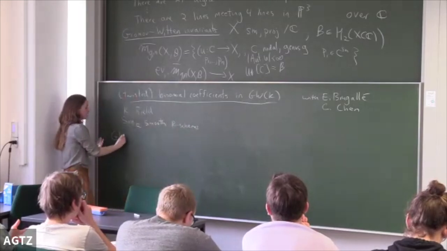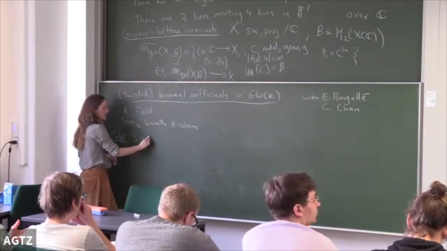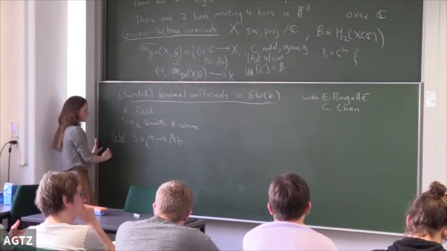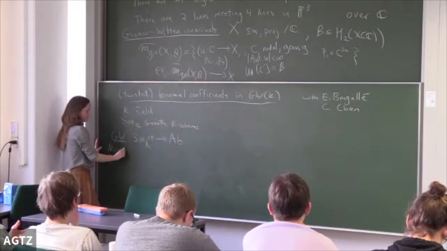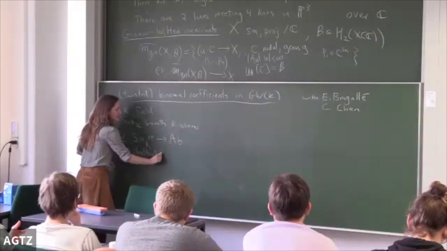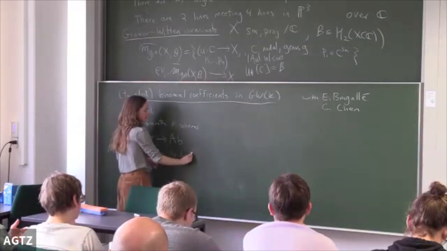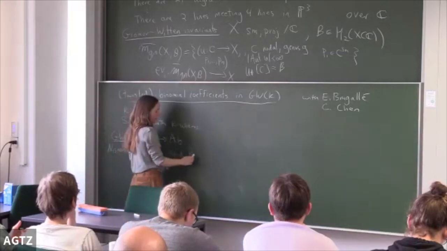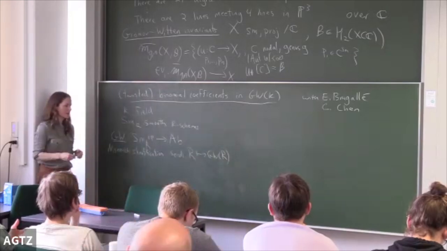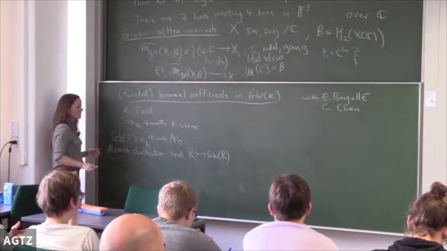So let GW with an underline be the sheaf of abelian groups which is the sheafification of the presheaf which sends some K algebra R to the group completion of the non-degenerate symmetric bilinear forms over R.